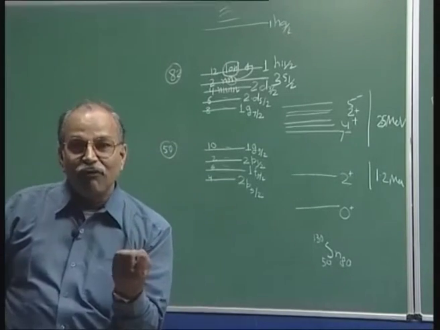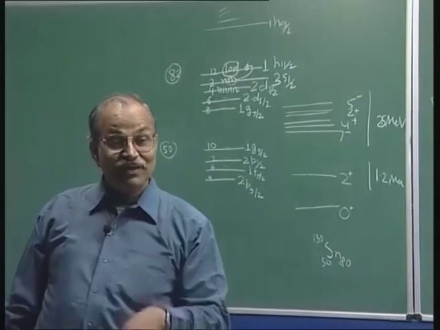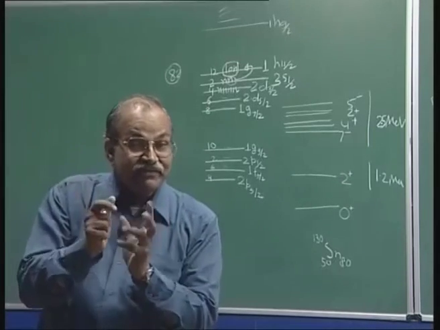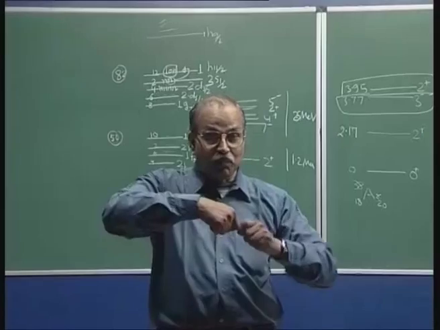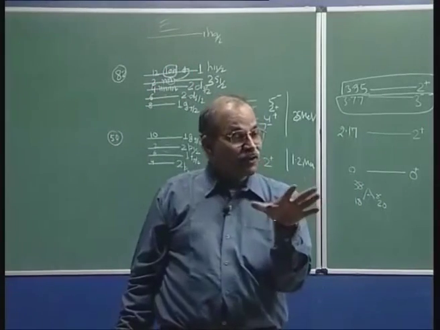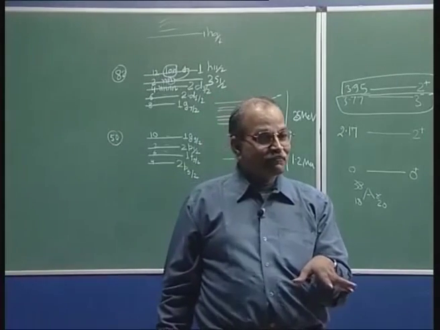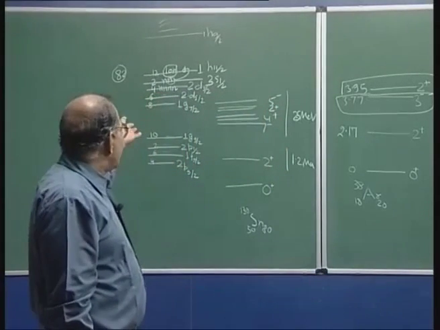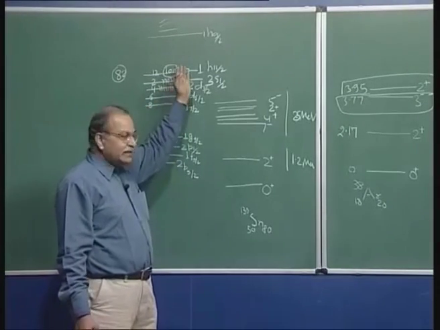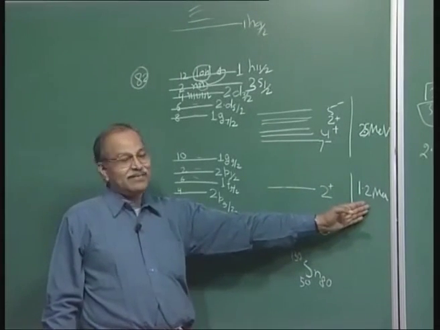Or when a pair is formed, this much energy is saved, the energy of the nucleus is lowered if the nucleons pair, and if you break the pair, the amount of energy raised is typically of the order of 2 MeV or so, 1.5, 2 MeV. So breaking a pair itself is a bad scheme for this 2 plus state, right? It is at 1.2 MeV.